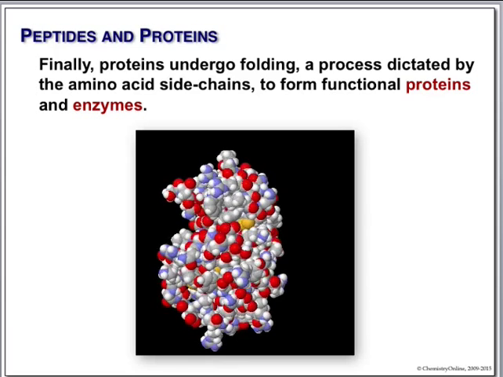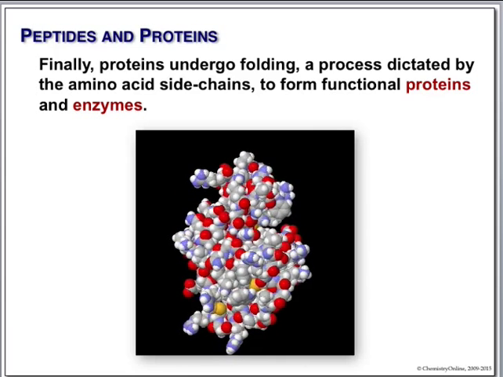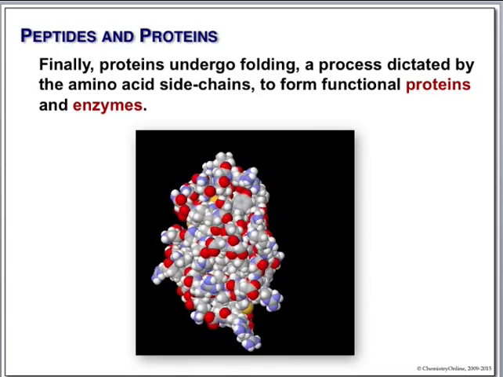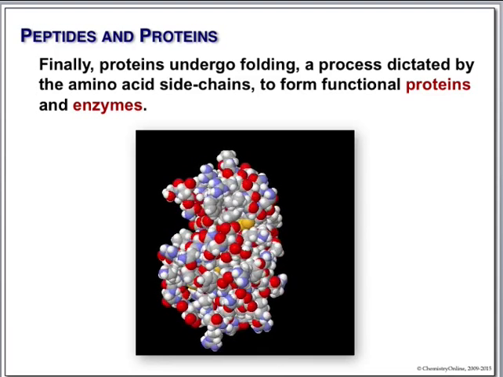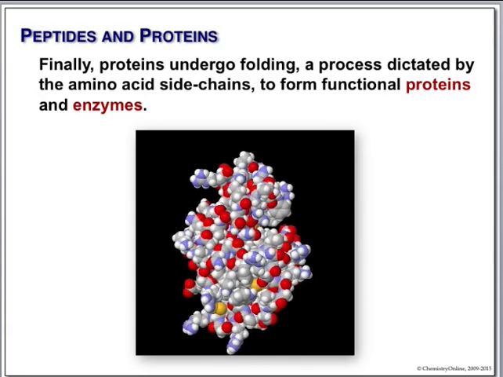Very, very amazing. This is the same molecule here. I've just shown it now as a space-filling model. Again, very unique structure, and they all basically look the same. All lysozymes will look exactly like this one.